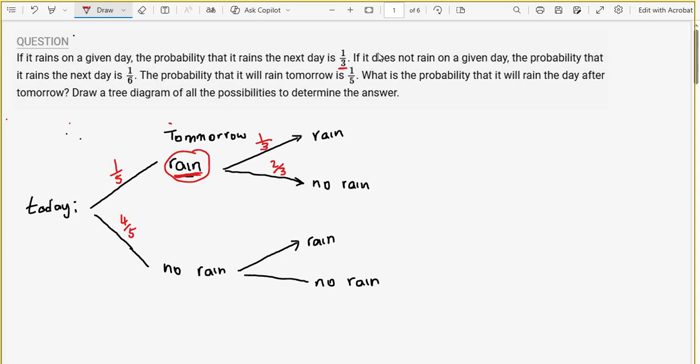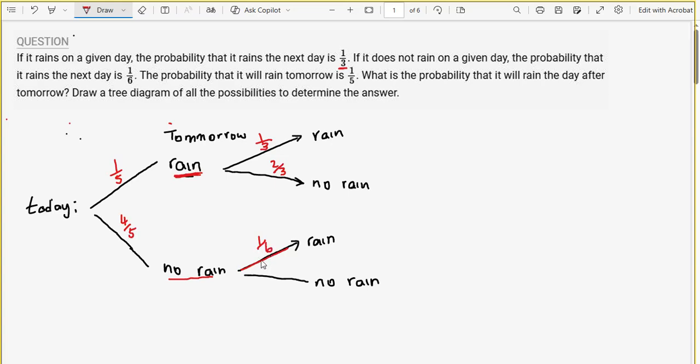They say that if it does not rain on a given day, the probability that it rains the next day is 1 over 6. You understand?